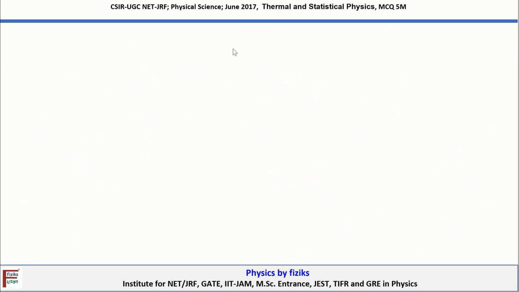So the pressure, as I said in the beginning, is equal to kT times the curly derivative with respect to V of ln z.